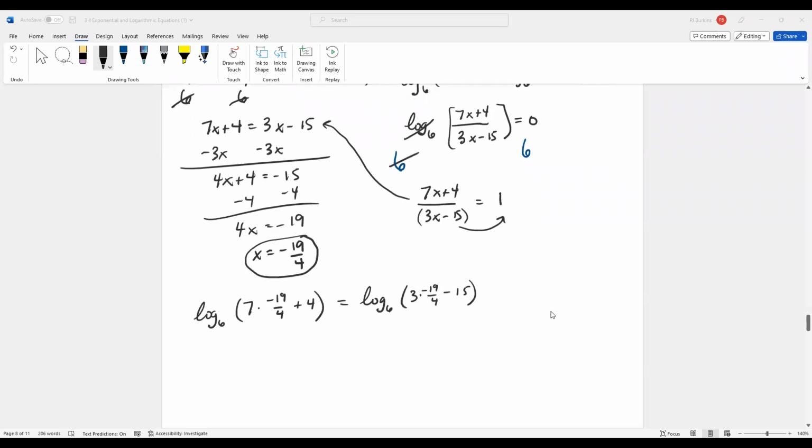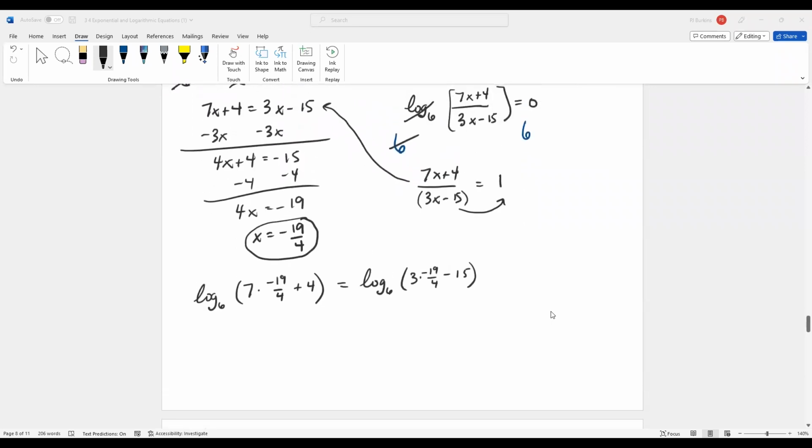I can continue to evaluate these, or I can use the fact that the arguments of the logs have to be greater than 0. So just quickly to calculate that, I'll do 7 times negative 19/4 and then add 4. That's going to give me a negative 29.25. So that's not good, right? I can't have negative numbers in my log. And I don't even have to try the other side because I've already shown that it doesn't work here. So unfortunately for this one, no solution.